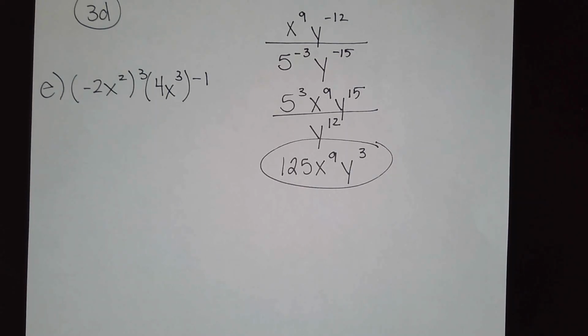I got 8 x 6 times 1 over 4x. 1 over 4x divided by 6 is a negative. This is a tricky one. Lots of steps.